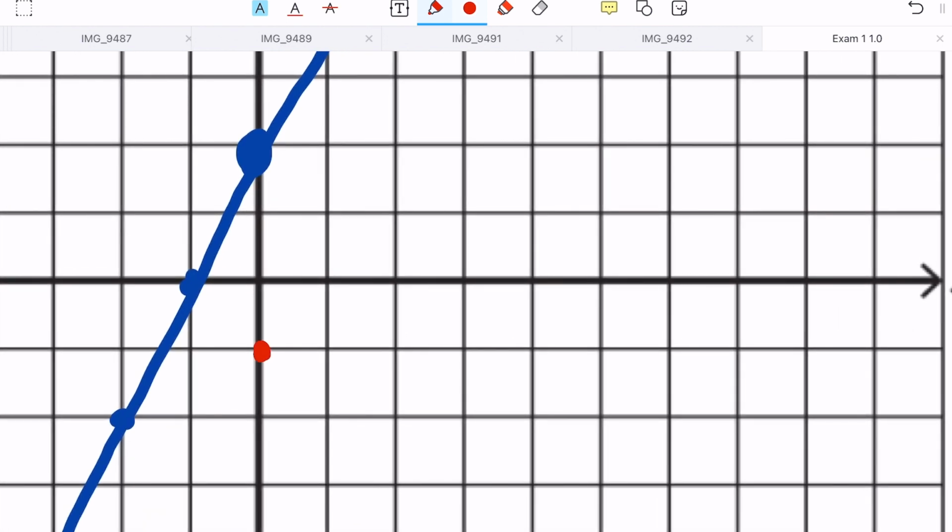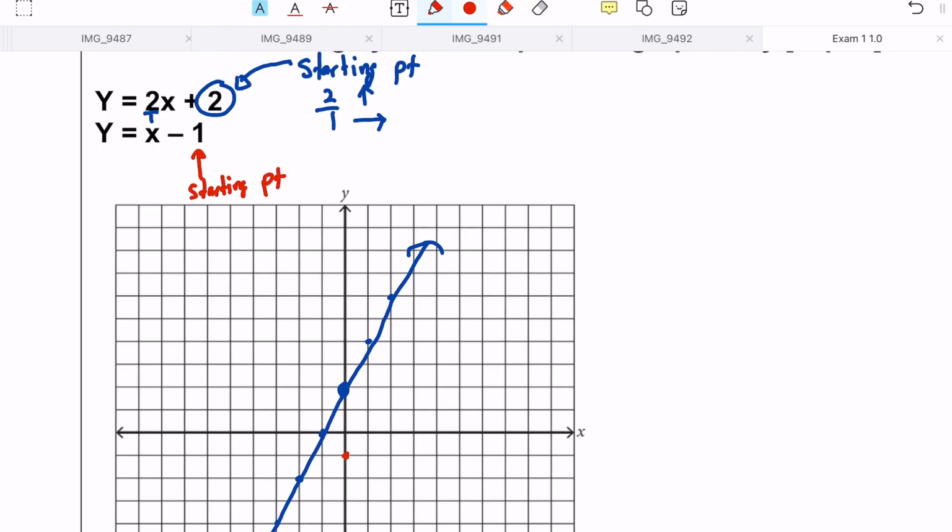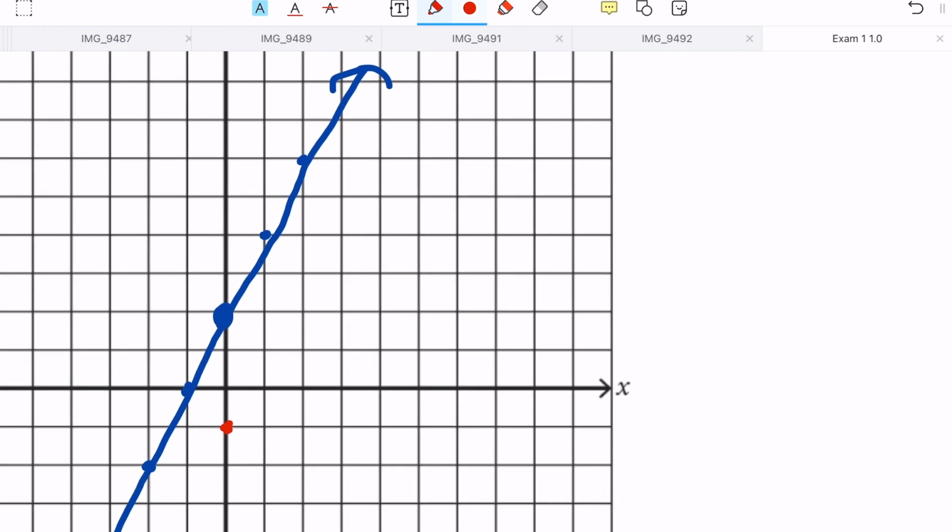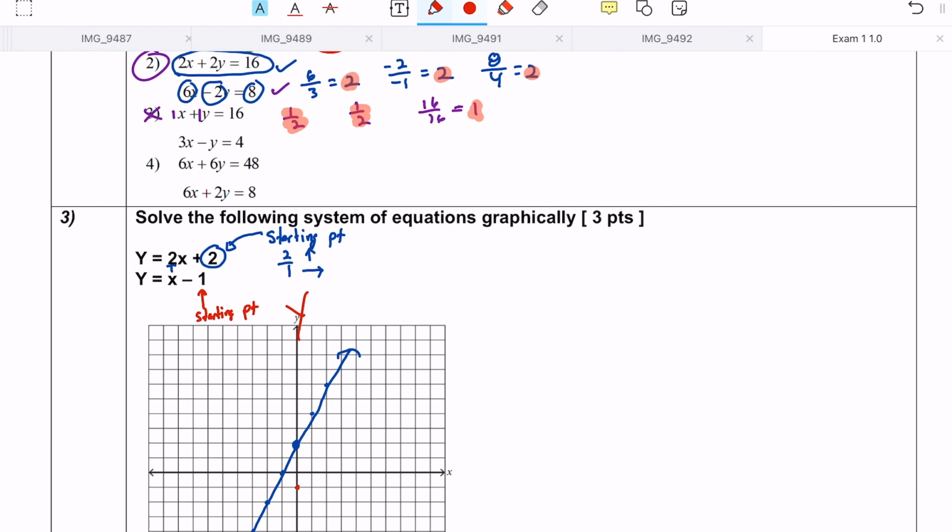Negative 1. We always start in the y, not the x. We always start in our vertical line. Would it give you a different answer if you start at x? Yeah, it would. You always start in the y-intercept. That's what they call it, the y-intercept, because it intercepts the y-axis.